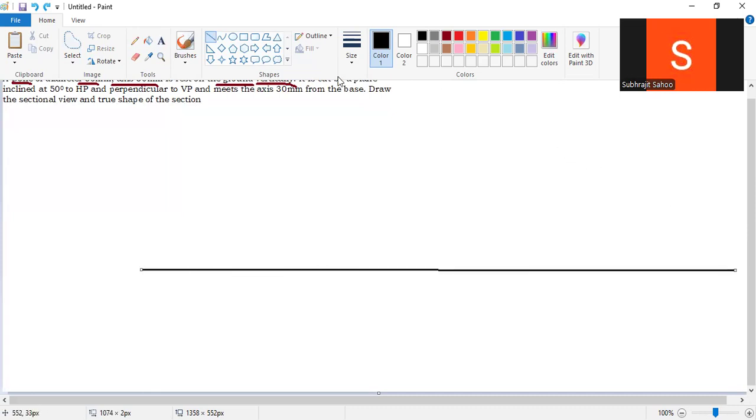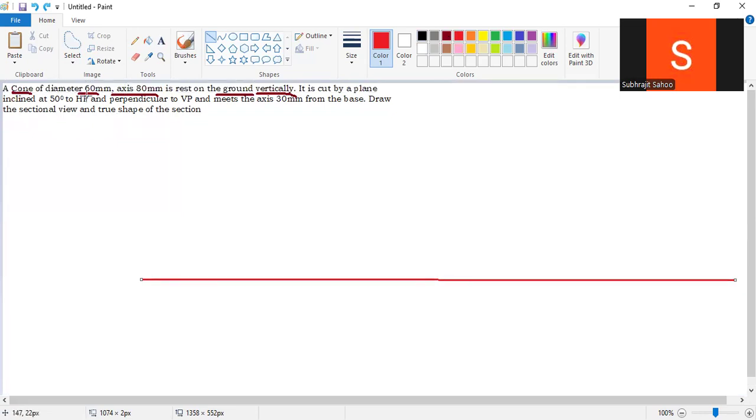After the reference line, the cone is given with 60 mm diameter. So in the compass, you take 30 mm and draw the circle here. Sir, mark the center point here.